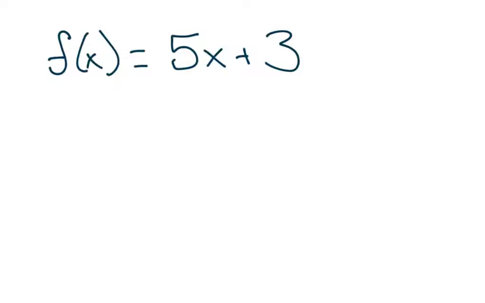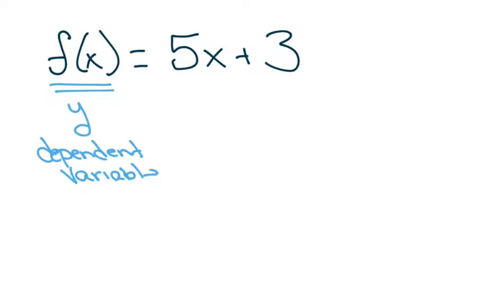All right, so just as a quick reminder how this is set up, if you have f of x is equal to 5x plus 3, remember that this piece right here is the same as saying your y, which is the same as saying your dependent variable. It is also known as your output value. So lots of different ways we can talk about this.